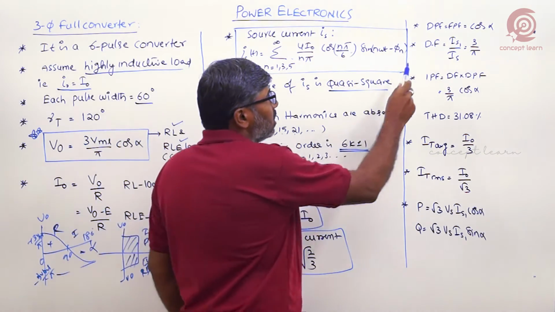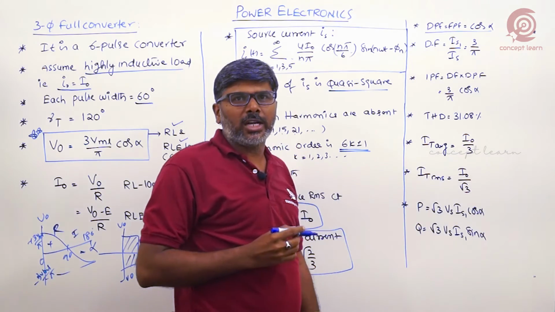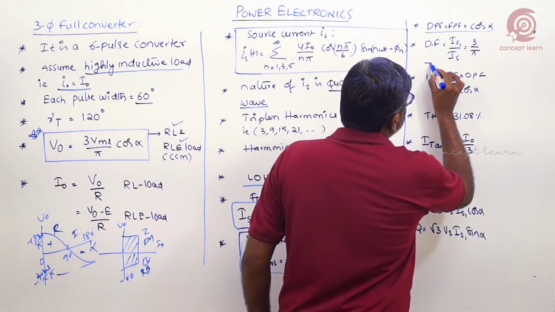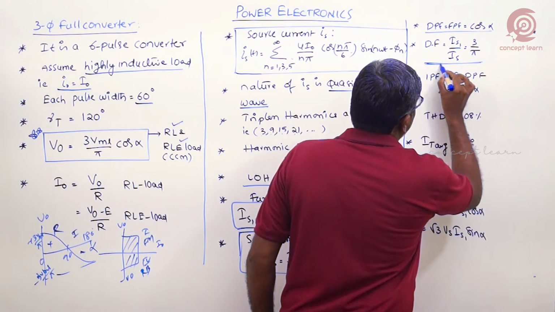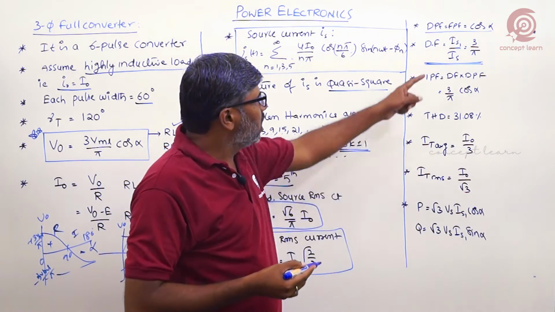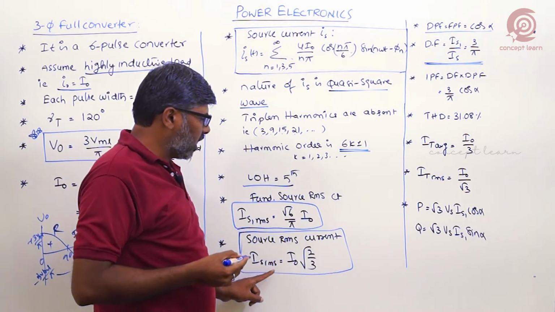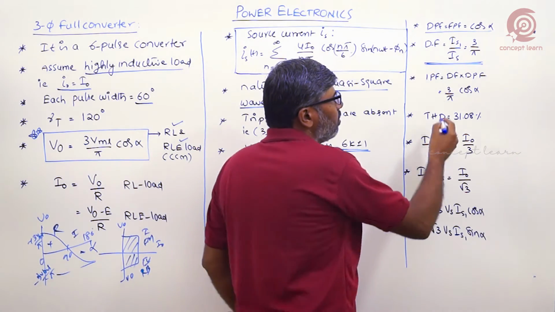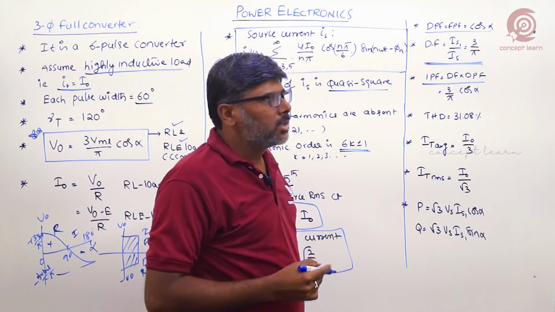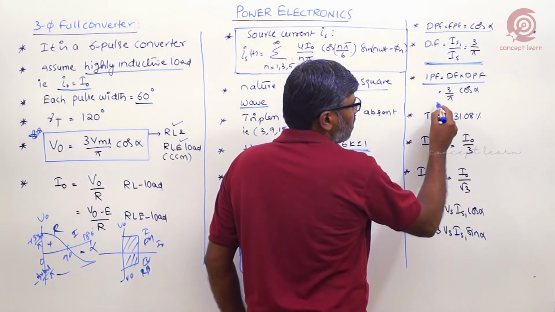Now the displacement power factor, or fundamental power factor, or input displacement factor, is cos alpha. Next, what is the distortion factor? We know that distortion factor is the ratio of fundamental to source RMS, IS1 RMS by IS RMS, which gives 3 by pi. Then the input power factor or supply power factor is displacement factor into distortion factor, so we get 3 by pi into cos alpha.